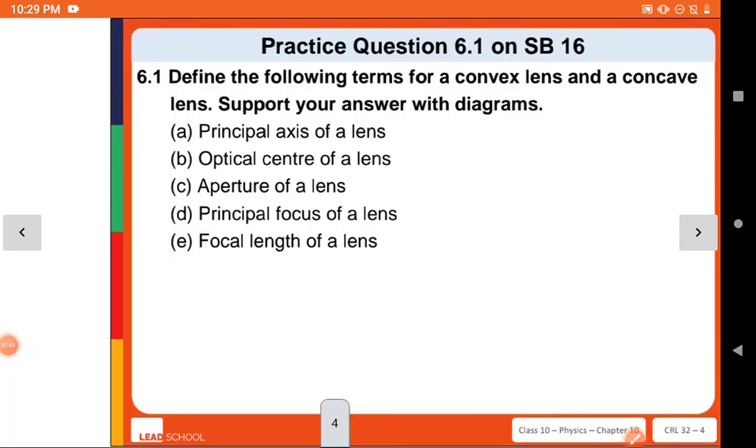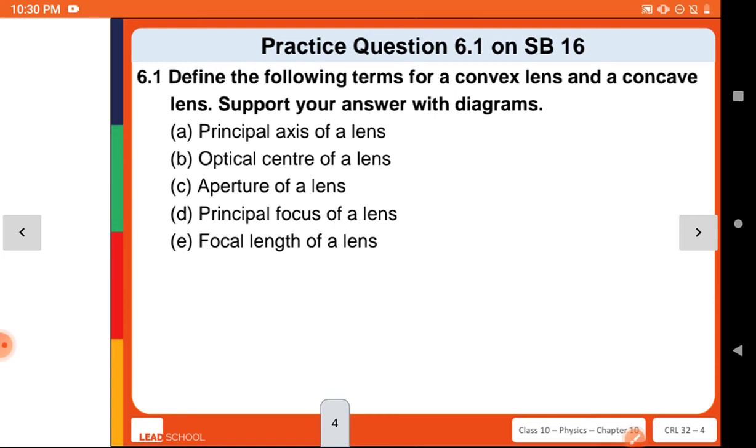Students, you have to learn from this video the important points related to lenses. So convex lens and concave lens are the two types of spherical lens. In your practice book, supplementary book page 16, practice question number 6.1, you have to write these definitions according to the related video.